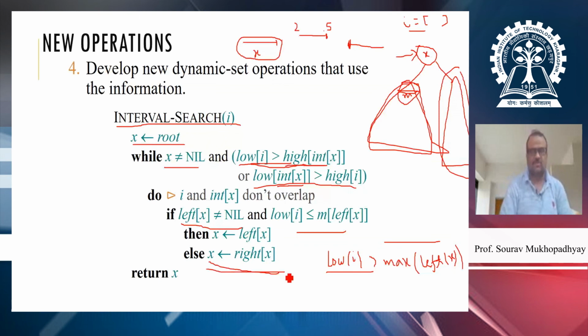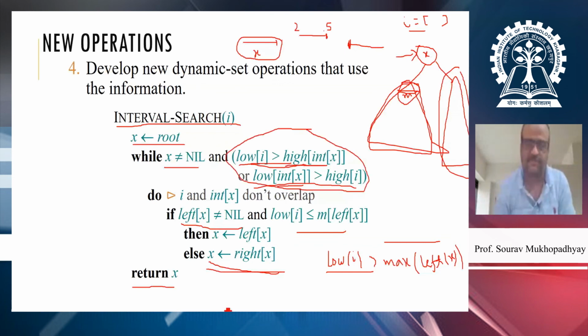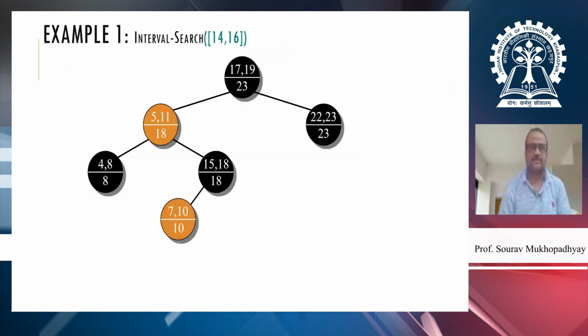So this is the pseudo code, and ultimately it will return x if we have an overlap, or it will return nil if there is an unsuccessful search, if there is no overlapping. Okay, so we'll take a quick example.